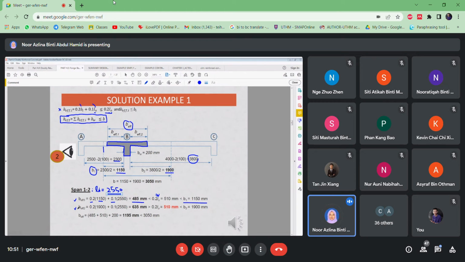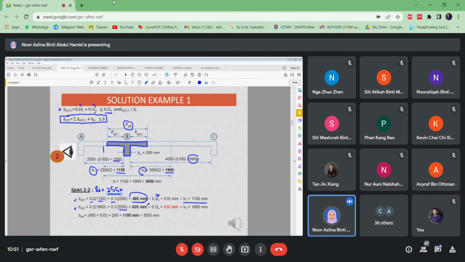Okay, same goes for another side, the second side for B2, which is 0.2 multiplied with 1900, it's B2, plus 0.1, then dia punya LO 2550. Then you make a comparison with the limitations. So mana yang follow the limit, you can use that value, which is 485.